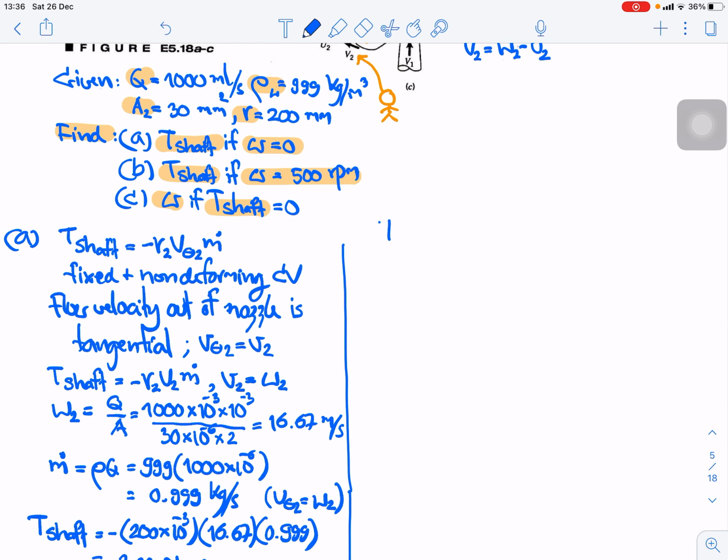And next we can substitute into the equation of T shaft, R2 V2 m dot, which is the radius times the velocity times the mass flow rate.